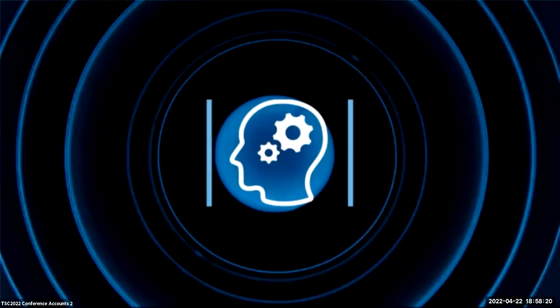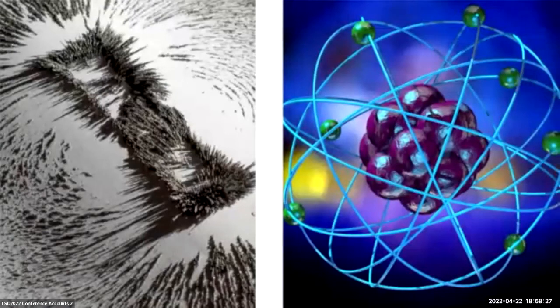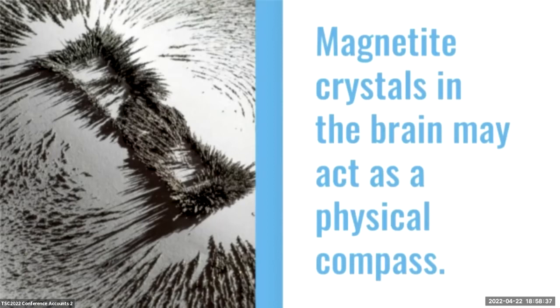Well, the precise mechanism underlying magnetoreception is still an active area of research. However, most evidence supports two possible methods, one classical, the other quantum-based, which may actually work together. The classical mechanism is attributed to magnetite crystals found in the brains of species like humans that exhibit magnetoreception.